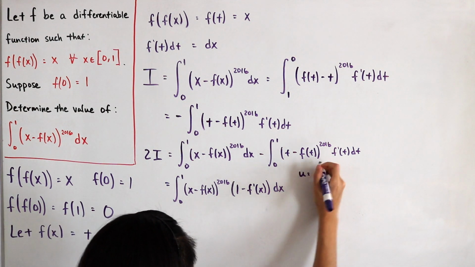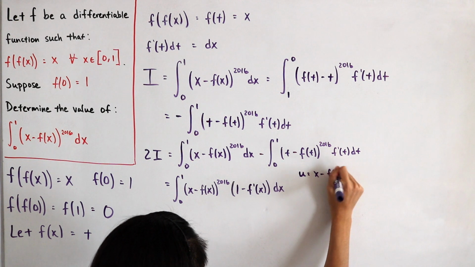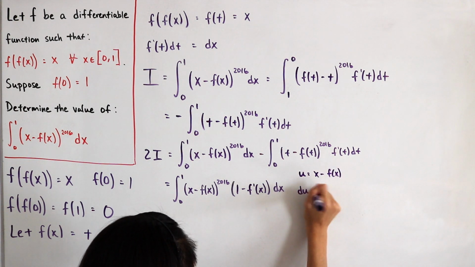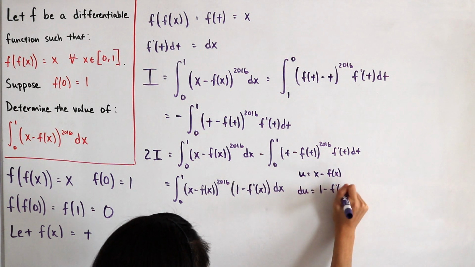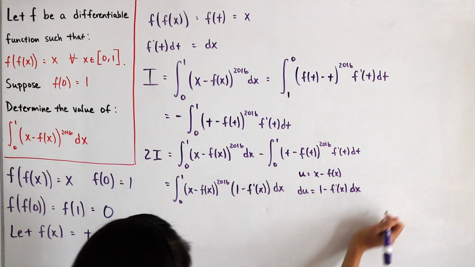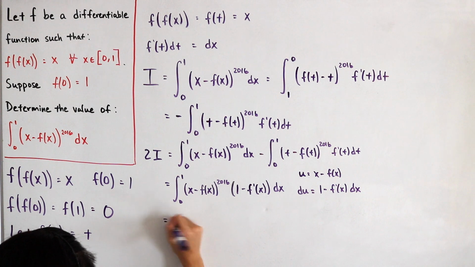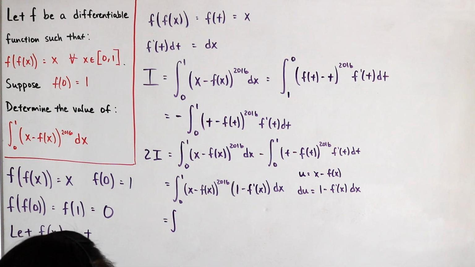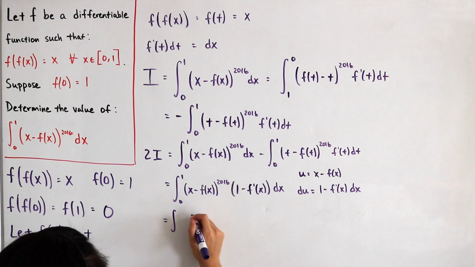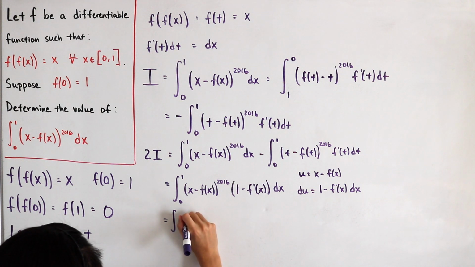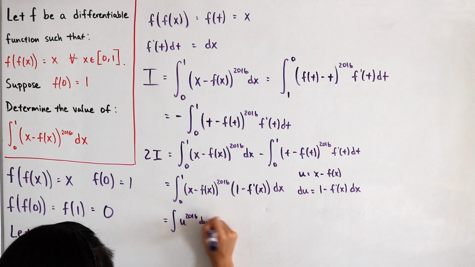We let u equal x minus f of x, then du is equal to 1 minus f prime of x dx, and you'll see that that actually just cancels that out. So we're just left with u to the 2016 power du.